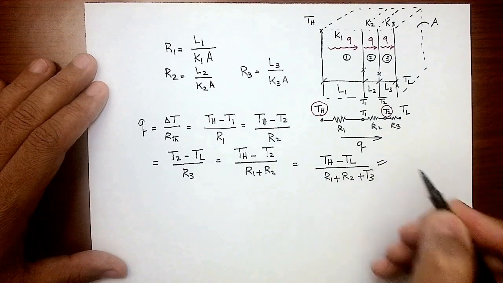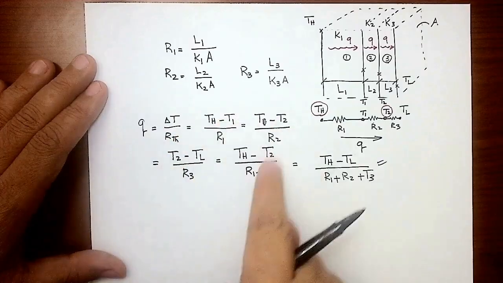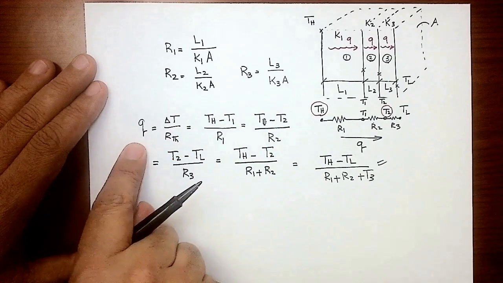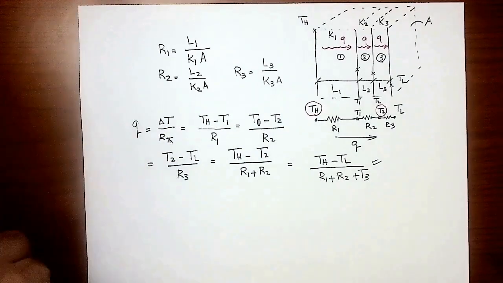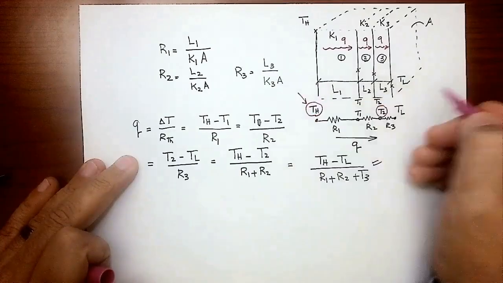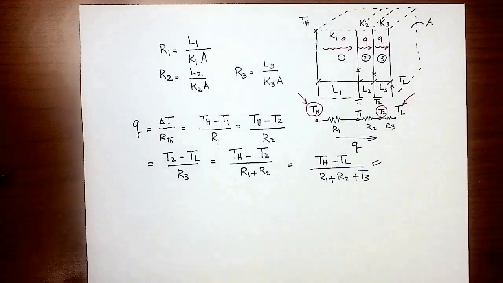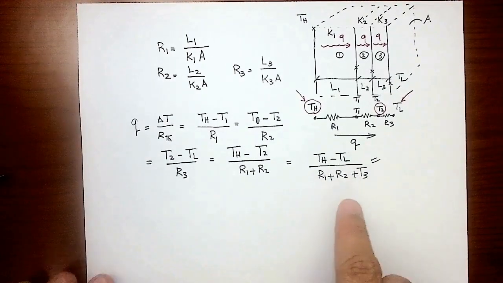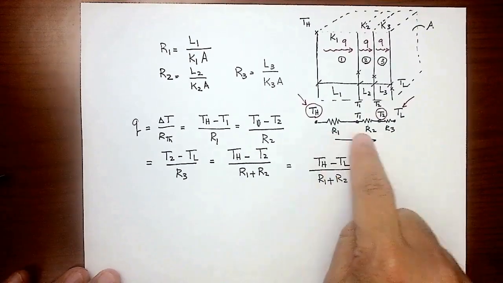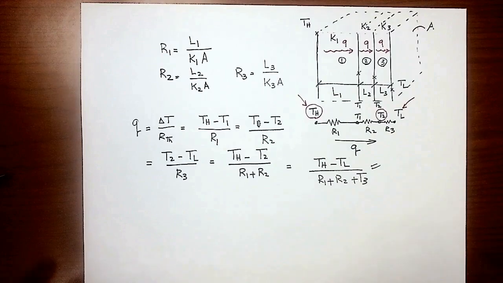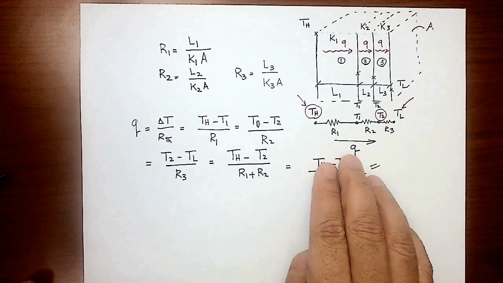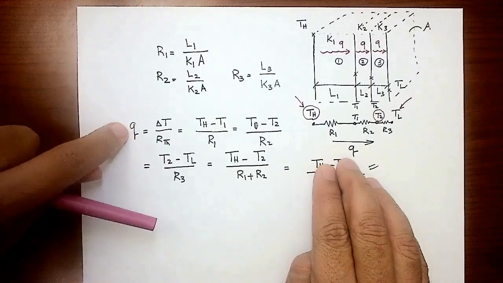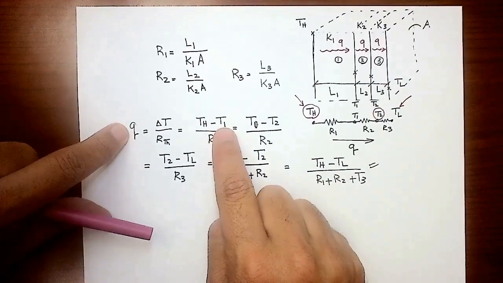And this is the most common problem here. To use any one of these, you have to know the temperatures, right? To calculate Q, usually we will only give you this temperature and this temperature. So if you are given only these two temperatures, you are forced to use this equation. So I can force you in the problem to calculate all the resistances. Then, if you calculate Q from this term, so I know the value here, I can use Q with this equation to calculate T1.